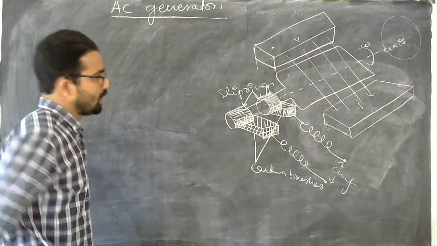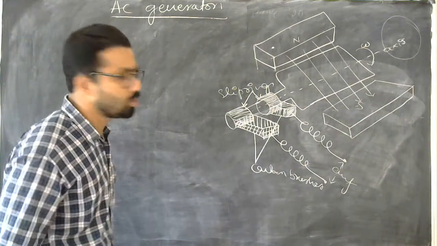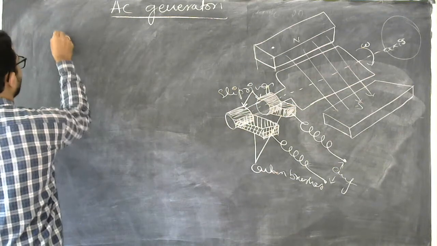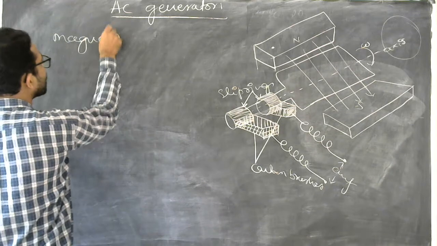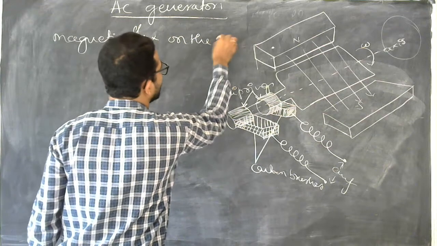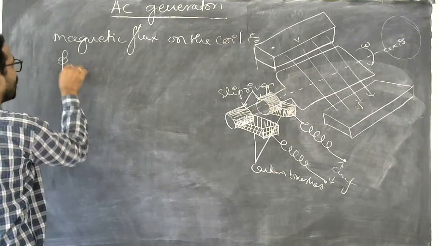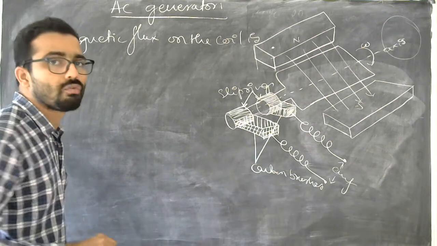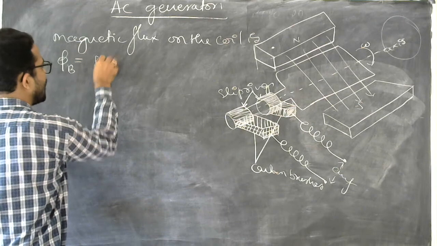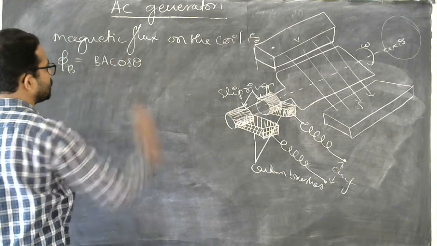Now let us see. If this plane is placed in between the two magnets, then the magnetic flux on the rectangular coil is phi B equal to, for one turn, BA cos theta.